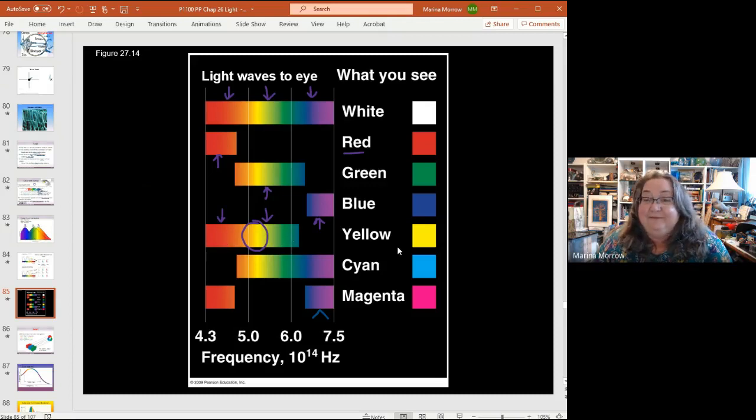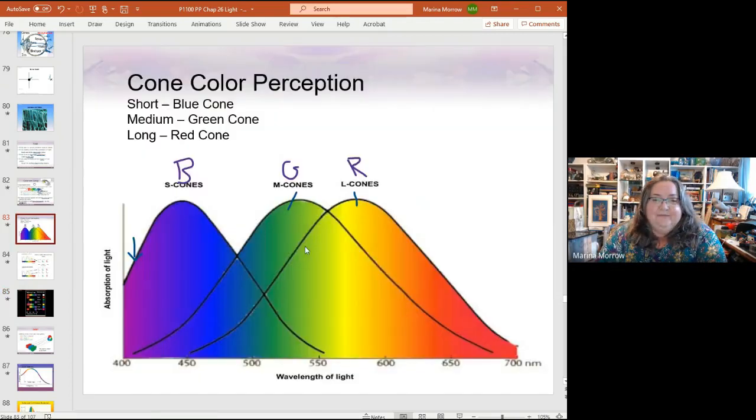So you see yellow. Now, if it's supposed to be orange, then the signal will be stronger in the red. Make that a bigger one. Okay, so it's going to be stronger in the red, and that shifts the brain over to saying, okay, maybe it should be orange. Because orange would show up in both cones, right?